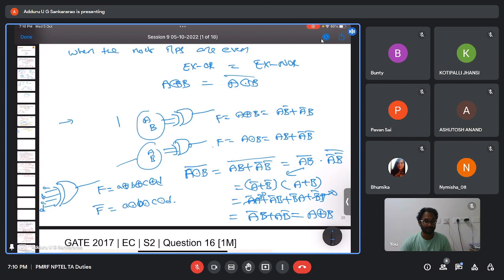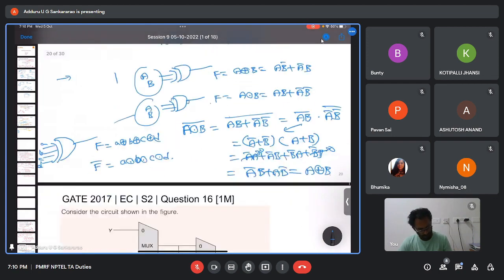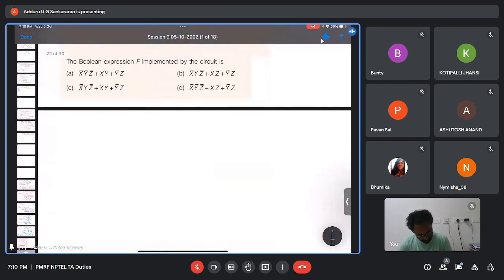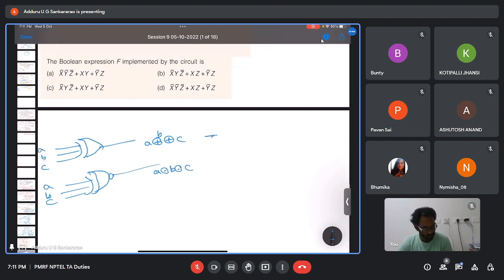The other case, what I'm telling is when the number of inputs are odd, then both XOR gate and XNOR gate are the same. Let's say three inputs A, B, C. This is an XOR gate, so output is A XOR B XOR C, and an XNOR gate also you take. Output is A XNOR B XNOR C. Now expand these two.